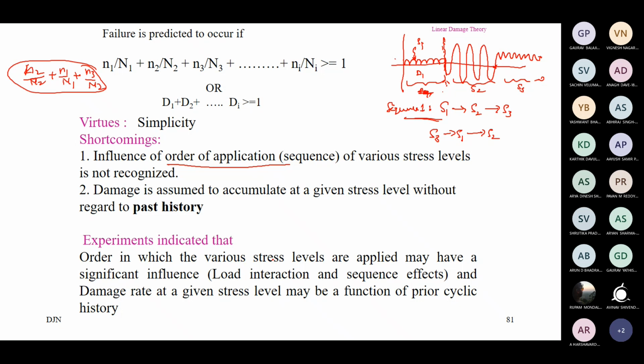I showed you several parameters, some 14 parameters, listed in the last class. In that, one is the sequence, how we apply the load. So remember this factor. This could be very critical in high-risk designs. If you become engineers in such companies tomorrow, you have to keep this point in mind and plan for this also.